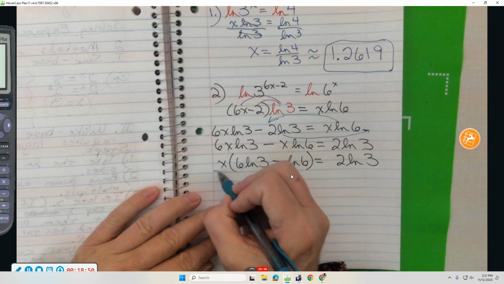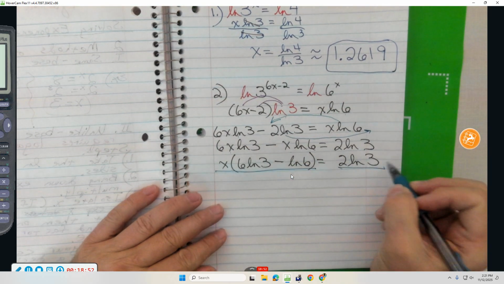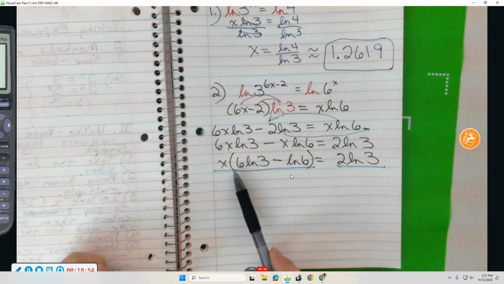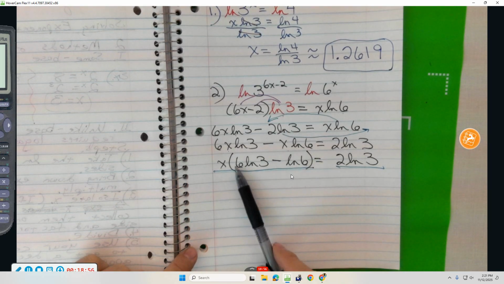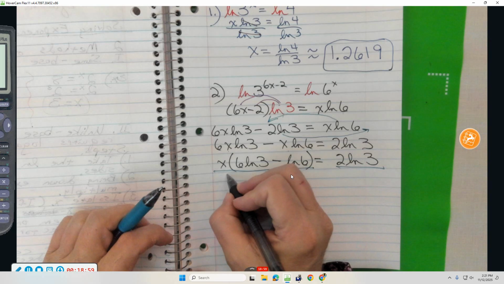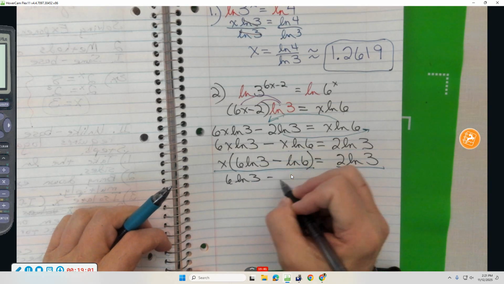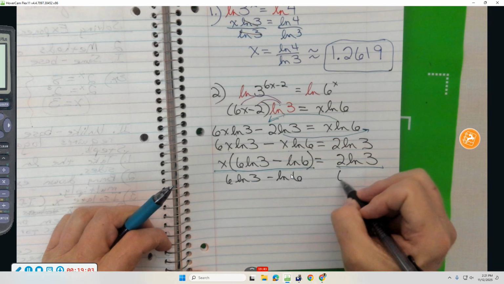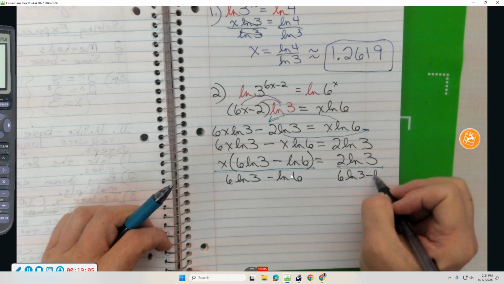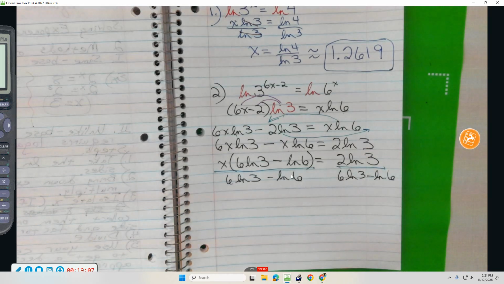We divide both sides by the stuff that x is being multiplied by: 6 ln3 minus ln6.